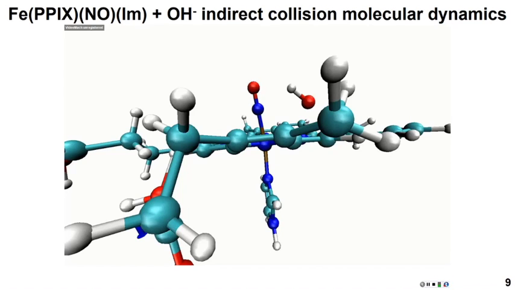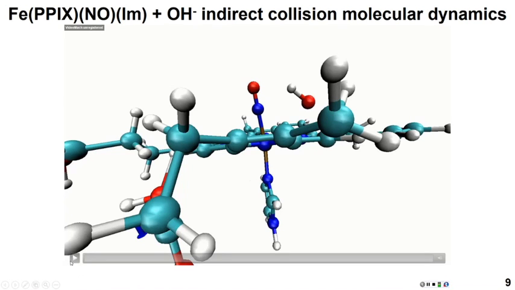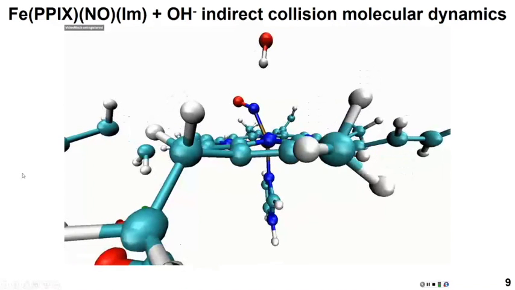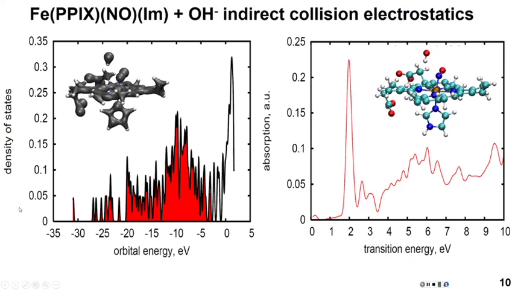Let's look at a molecular dynamic simulation where the hydroxide grazes by the NO. As you can see, we don't get a reaction. That may not be entirely surprising. But when we look at the electronics, it differs from the model I showed you before.